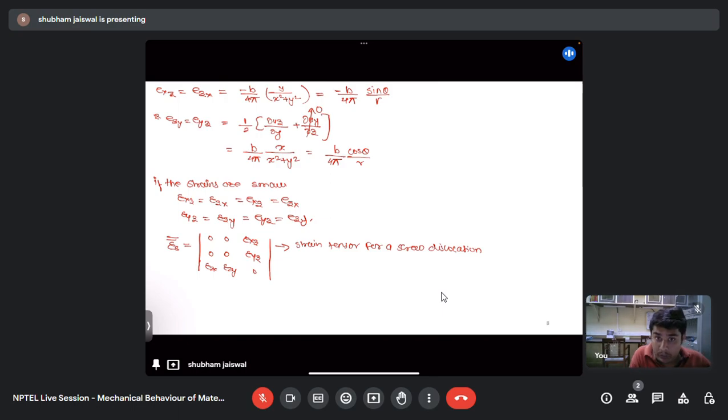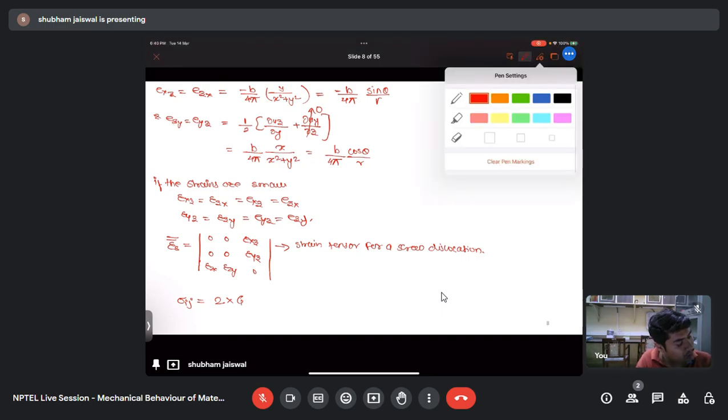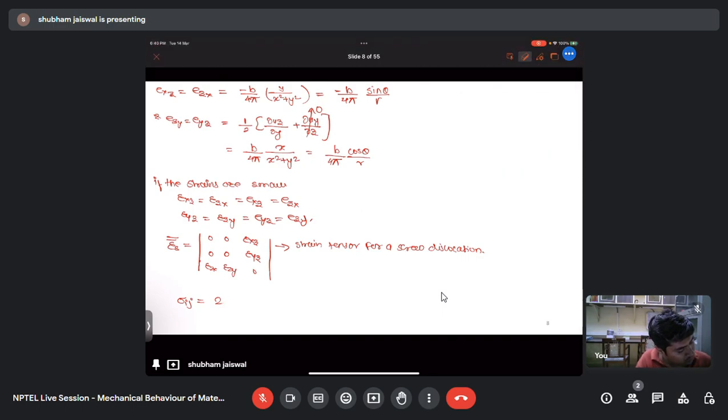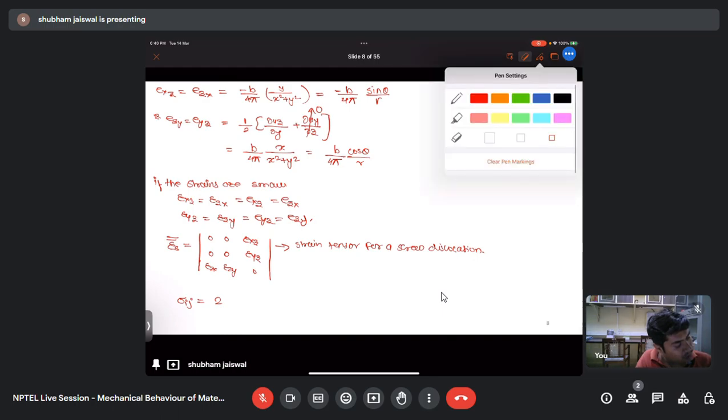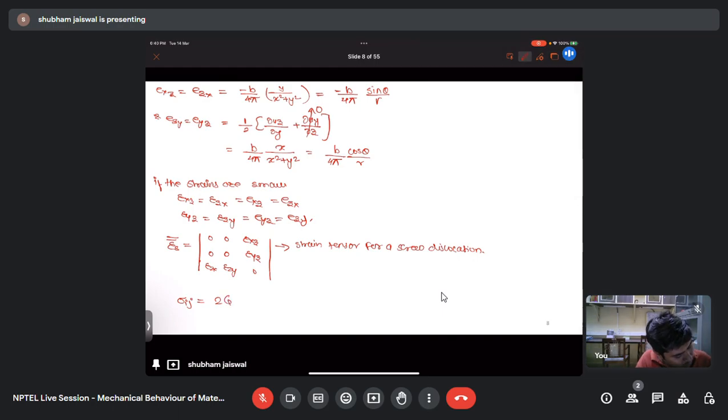Now, if you want to find out the stress field for the screw dislocation, we know the relation, that is sigma ij equal to 2 times g into epsilon ij.